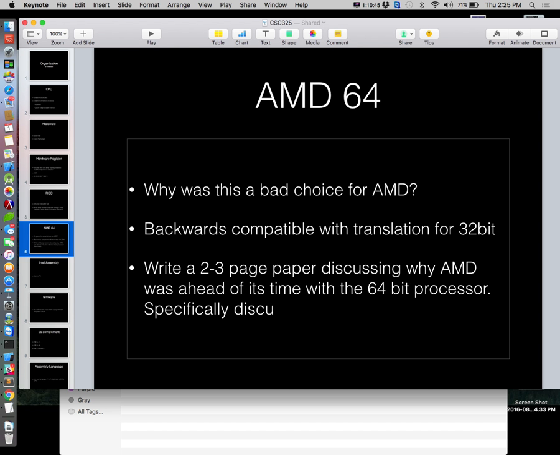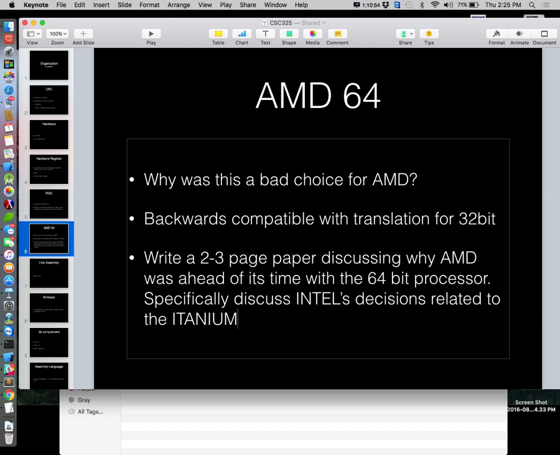Specifically, discuss Intel's decisions related to the Itanium. It's called the Itanium processor. Make sense? Okay, so that's going to be due on Tuesday.